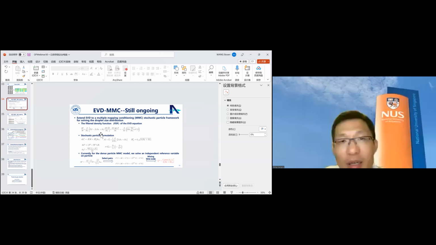Maybe this question is from Chun Lady, the grid balance. The grid balance means the grid resolution in the gas and the grid resolution in the liquid, I think. Yeah, the grid size for the liquid and the grid size in the gas.